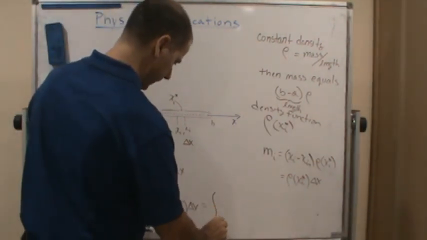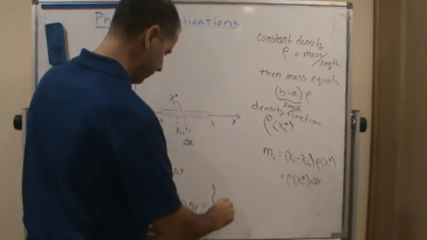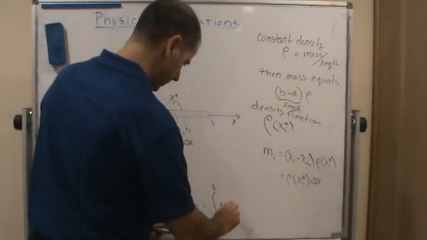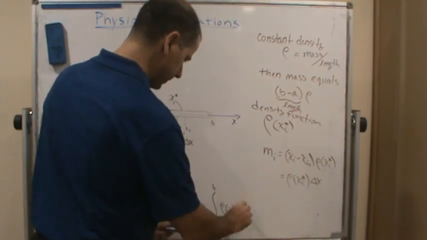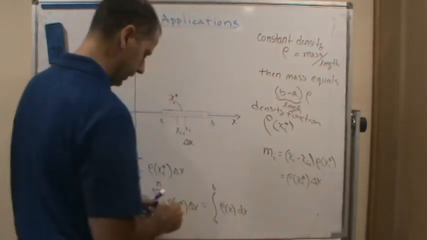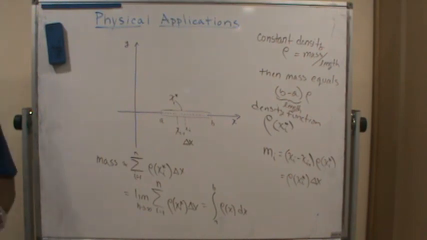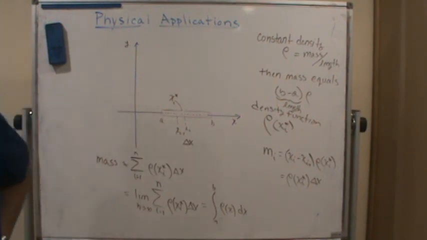So it's going to be the integral from a to b of the density function, rho of x dx. In this case, it really just comes down to the density function. So we're going to integrate the density function from a to b, and that will give us the mass. Okay, next we'll go through the theorem.